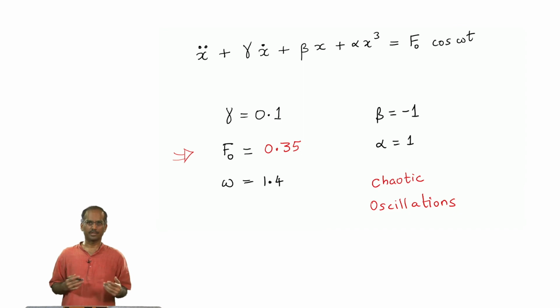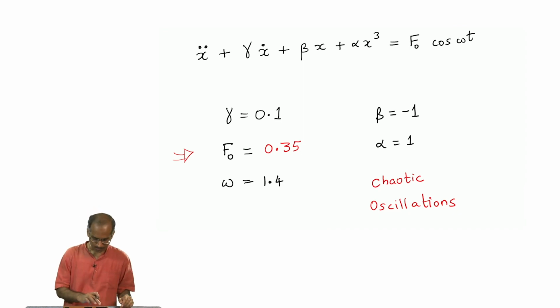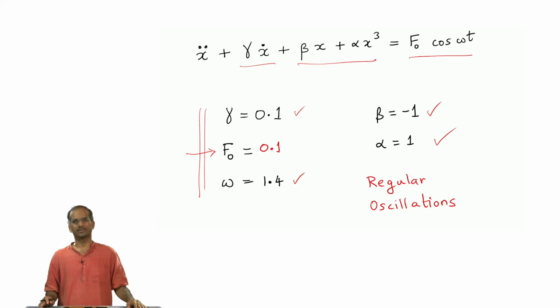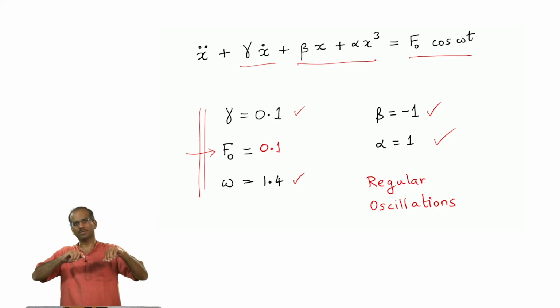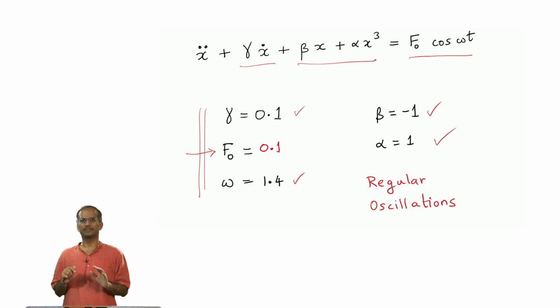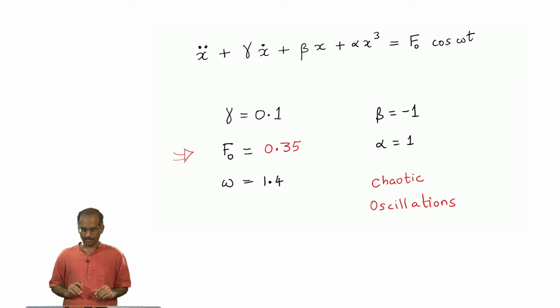So, for example, we saw that when the parameter f0 was sufficiently small, you had regular oscillations. You take two initial conditions which are close by in that regime where it shows regular oscillations. The only thing you will see is that there will be two trajectories which are closely following one another, and they will continue to closely follow one another for any amount of time that you want to integrate the equations of motion. On the other hand, in the region where you have chosen your parameters such that the system is in the chaotic regime, do the same thing.